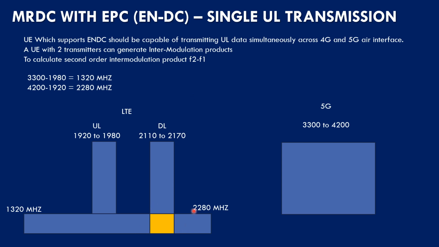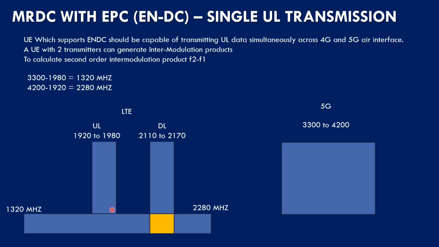So the UE is generating interference for its own downlink receiver while transmitting in two bands in uplink. I hope this helps you understand the intermodulation interference scenario, which can occur more often in ENDC, but it is not that every band combination of LTE and NR will generate a coinciding intermodulation product.